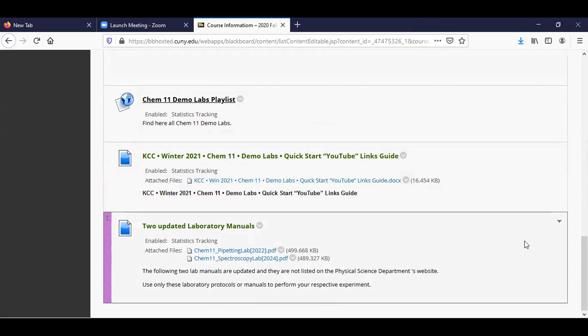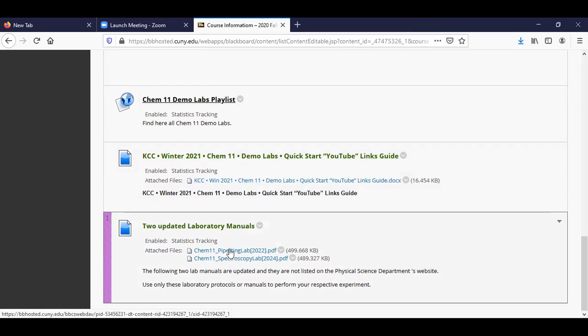Are you familiar with the physical science department website, everyone? Yes. Okay, so you go there and you will find the lab manuals, find CHM11, and download the manuals you need, except these two. That's why I post these two.